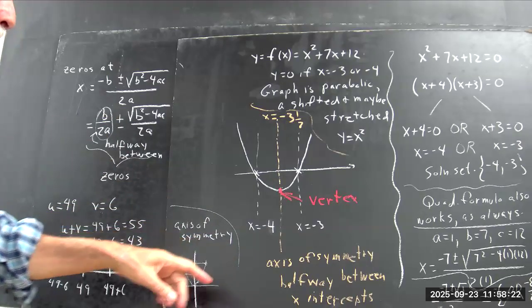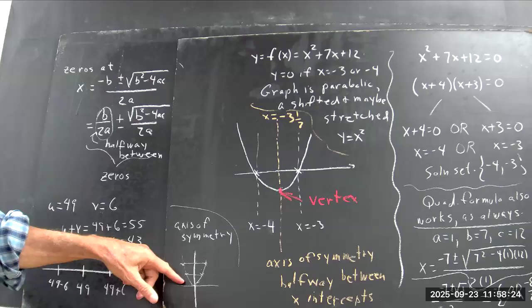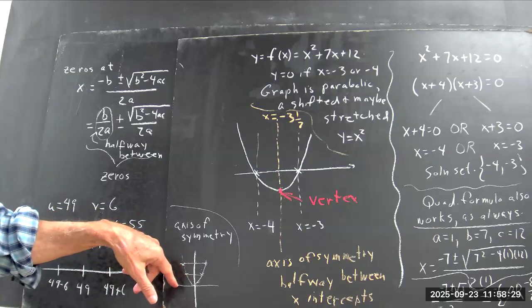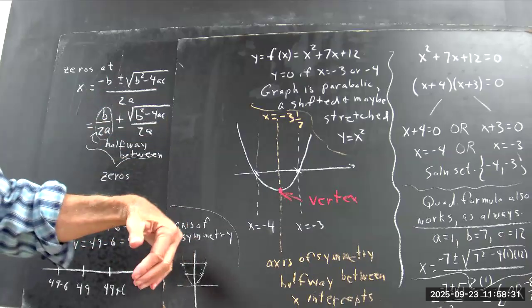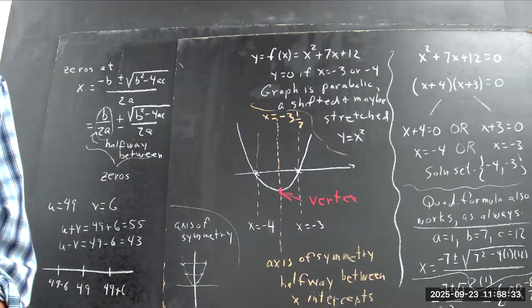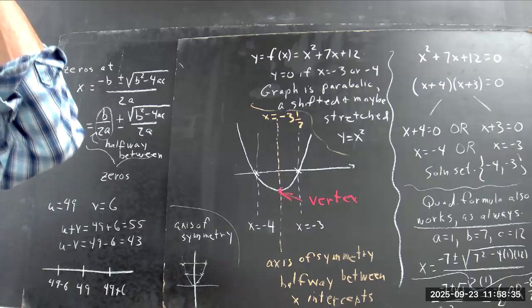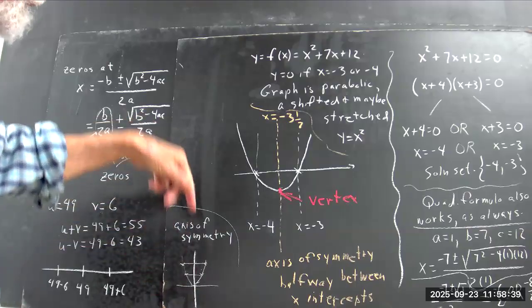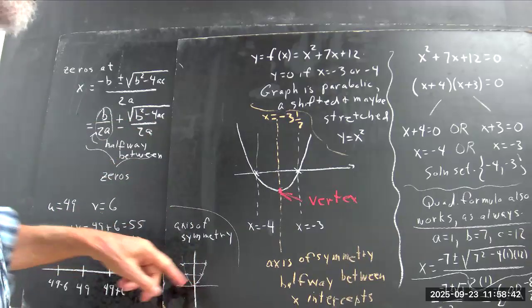The graph is a transformed parabola. It remains a parabola and it remains symmetric about its axis of symmetry, okay? It remains symmetric about a vertical line through its vertex.